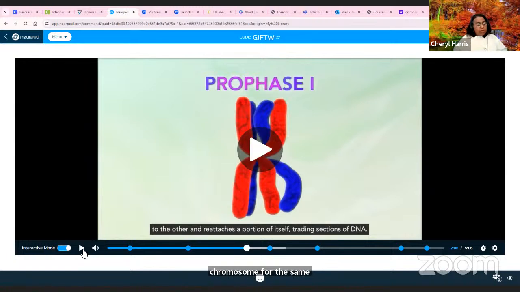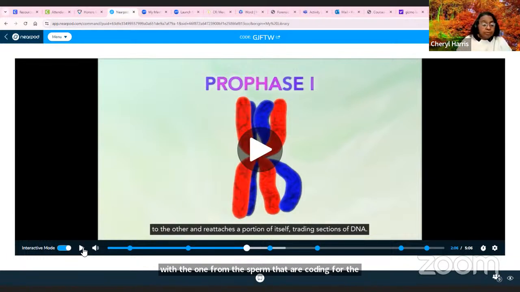So certain chromosomes code for certain structures, okay? But they're the same. So what she's saying, homologs match up, they line up together so that we know the one from the egg is going to line up with the one from the sperm that are coding for the same characteristics.